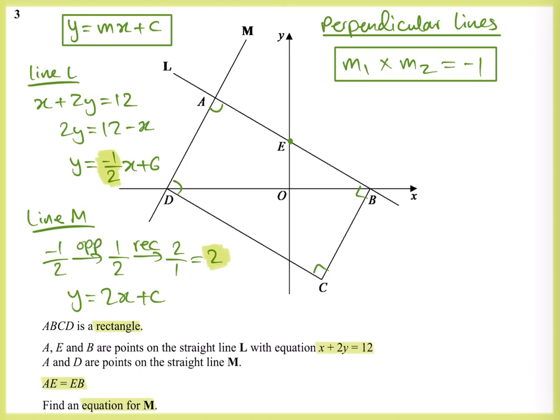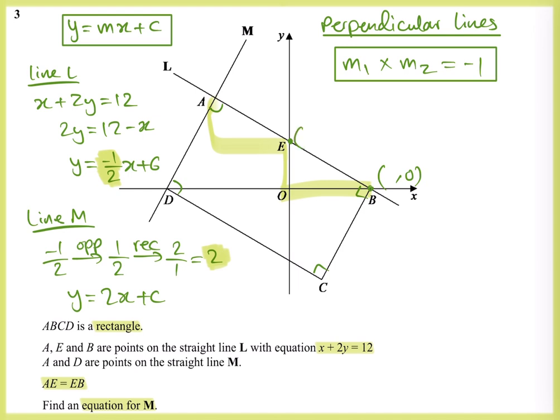To solve this, we need to use the fact that E is the midpoint of line AB. We need to solve it in a staircase way. Whatever this is going to the left, then this will be going to the left to get to A. Whatever is going up to get to E, we need to go up the same amount to get to A. The y-coordinate of B is going to be 0, since it's on the x-axis.